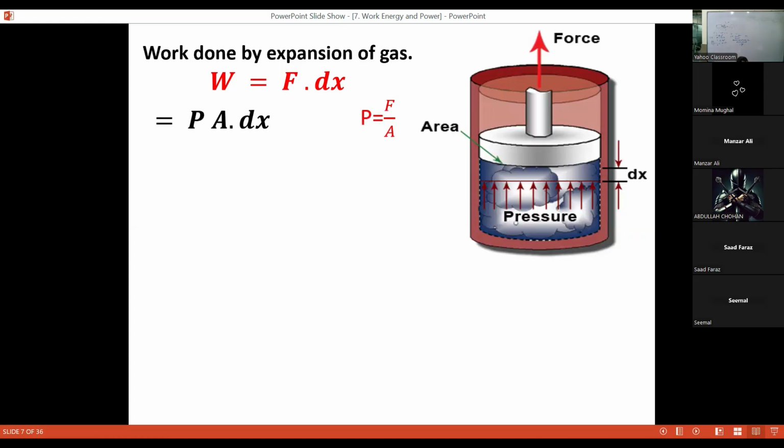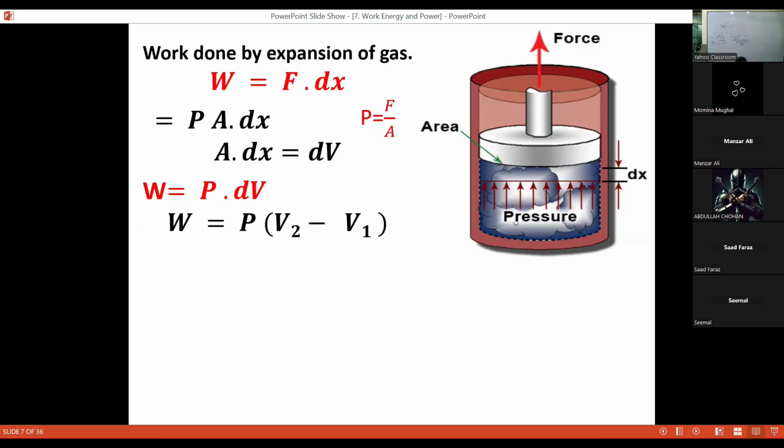Now here, area into distance, just look at this portion, is the increase in volume. So we can replace area into dx by increase in volume. So my formula becomes pressure into change in volume. This will give you the work done by the gas. And change in volume means V2 minus V1, final volume minus initial volume.